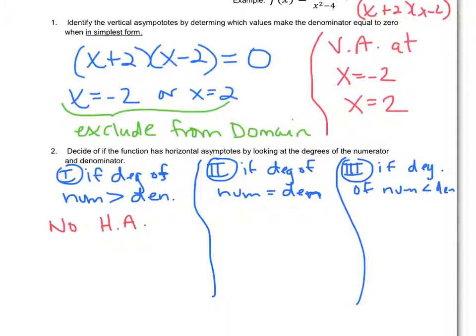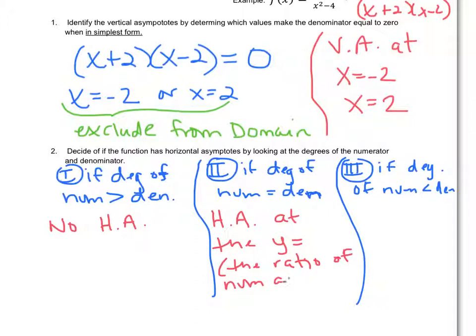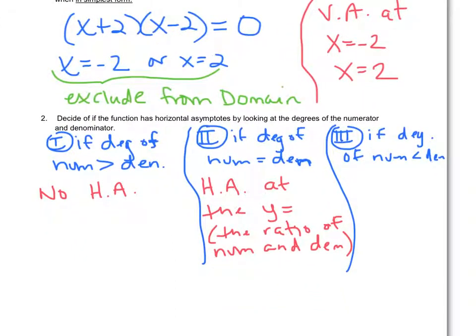If they're equal degree, then there's a horizontal asymptote at the line y equals the ratio of the degrees, or of the numerator and denominator. It's easier for me to just show you on that example. And then the last scenario would be if the degree of the numerator is less than that.